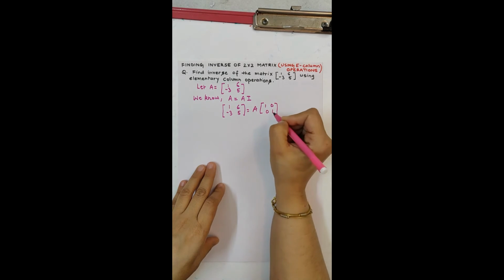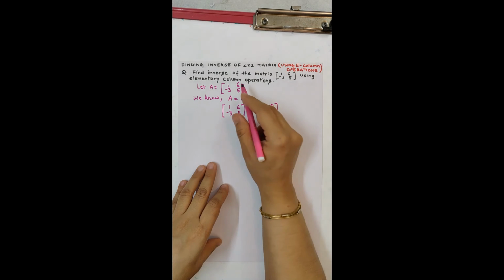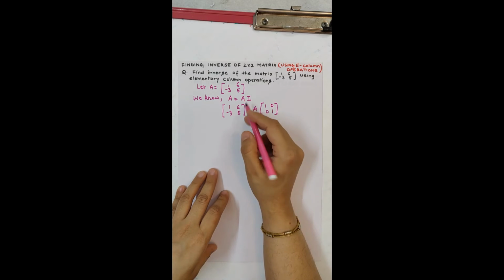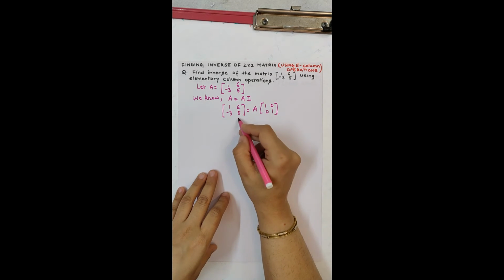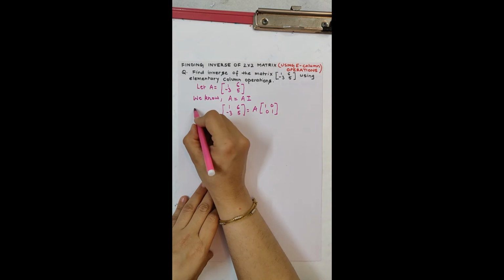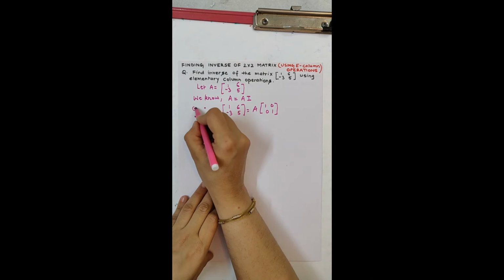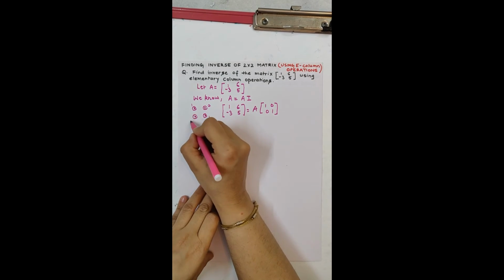Now once again, I am not putting the matrix for this A here because I know that column operations will not affect the first matrix. Now once again, I have to apply operations in such a manner that this 2 cross 2 matrix gets converted into identity matrix. So we have here 4 elements, out of which I have to convert this to 1, this to 0, this to 1, and this to 0.